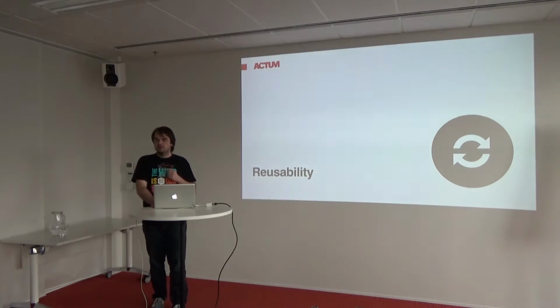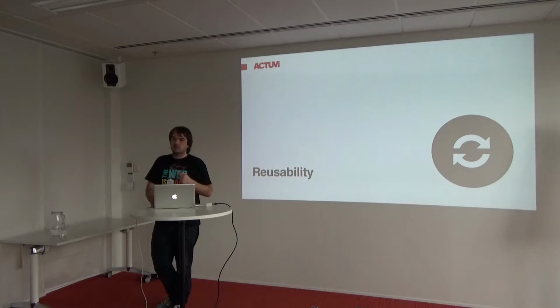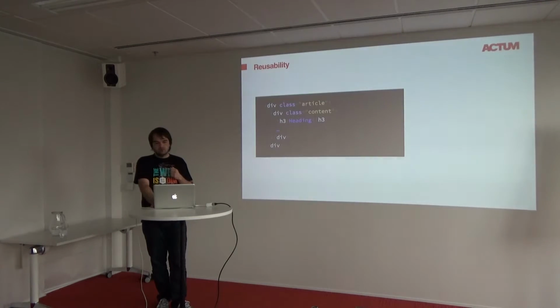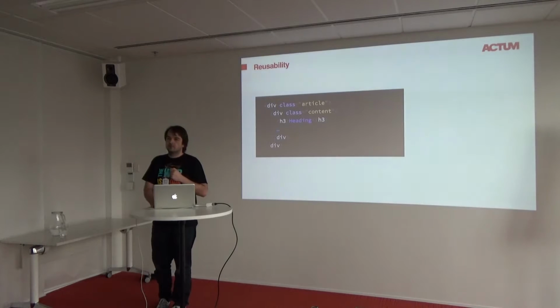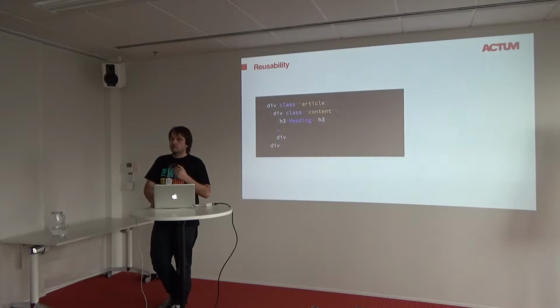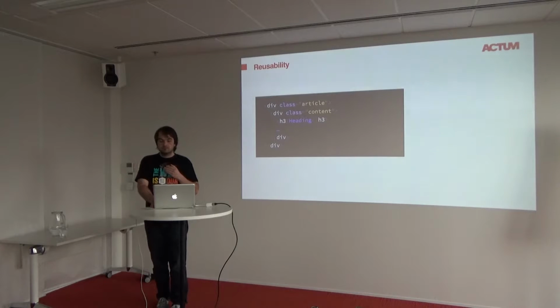Now regarding reusability, our second pillar of Scalable CSS, consider this simple example. We have an article with its content and an H3 headline. Now imagine we want to style it using CSS.